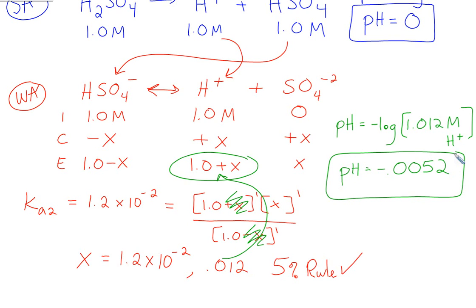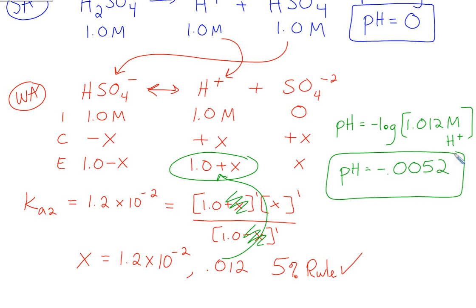Okay, so this is if we follow all the rules and we're perfect little chem people: we figured out the amount of hydrogen from the first dissociation, and then we do an ice table to figure out the amount of hydrogen from the second dissociation. Because the second is weak, I have to treat that a little differently. The total amount of hydrogen in the solution is 1.012 moles per liter.